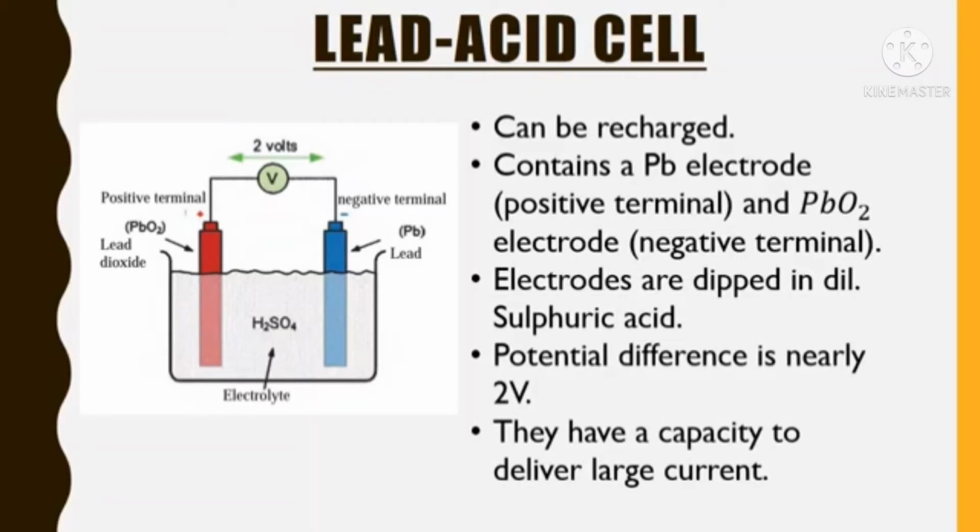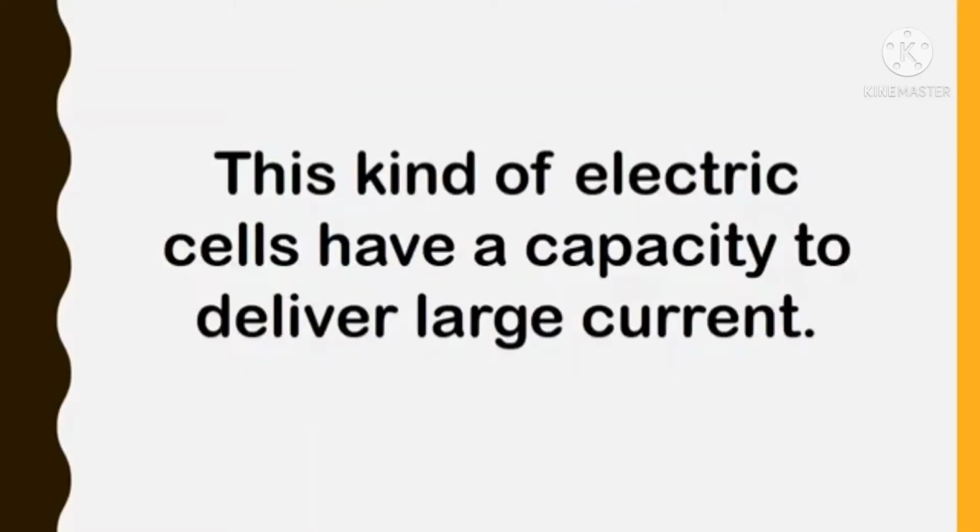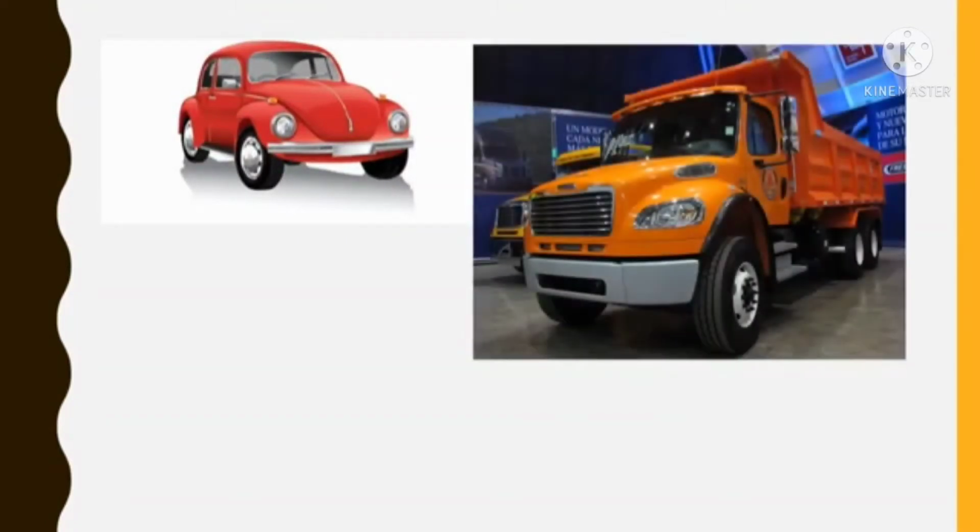As we can see the diagram properly, you have to practice the diagrams of both the lead acid cell and the dry cell, and also you have to learn by heart their structure, characteristics and mechanism. These kinds of electric cells have a capacity to deliver large current, for vehicles like cars, trucks, tempos.